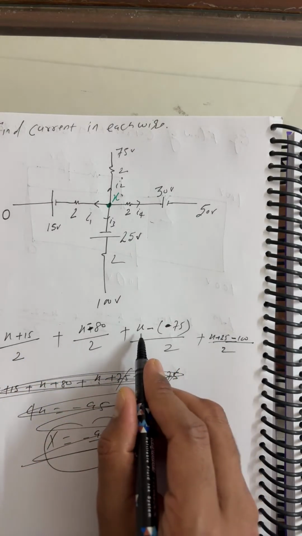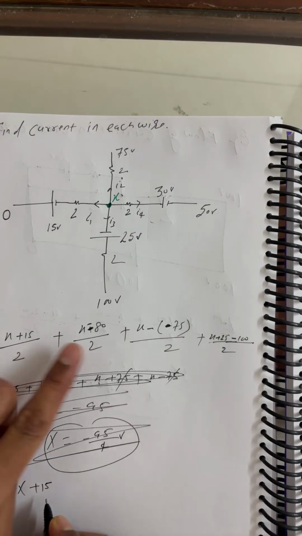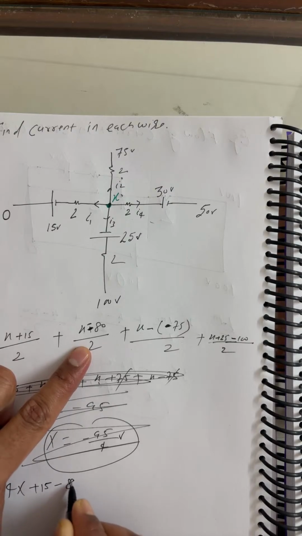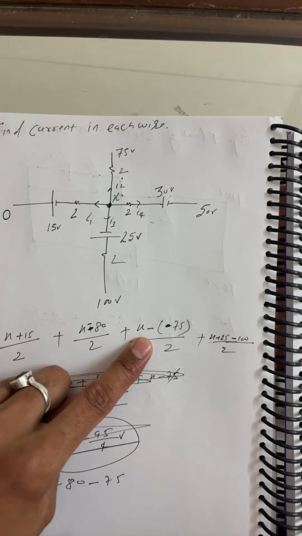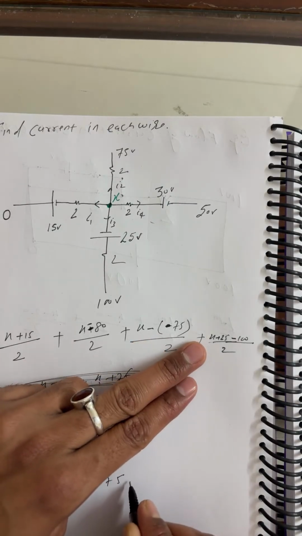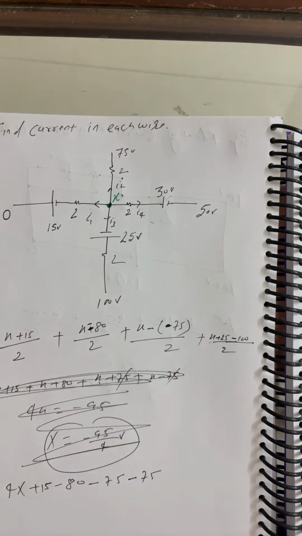1x, 2x, 3x, 4x. Plus 15 minus 80, minus 75.